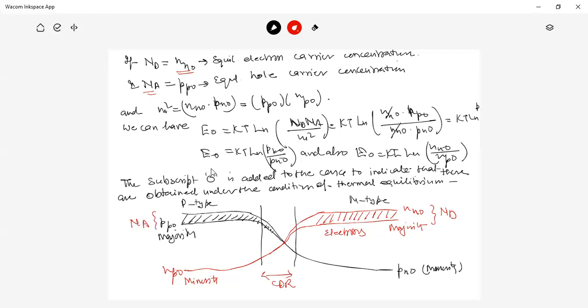So electrons and holes, as the case may be, move from one side to another side. So these are the variations of charges from one side to another side in the carrier concentration and its charge neutrality. So thank you for this lecture. Thank you.